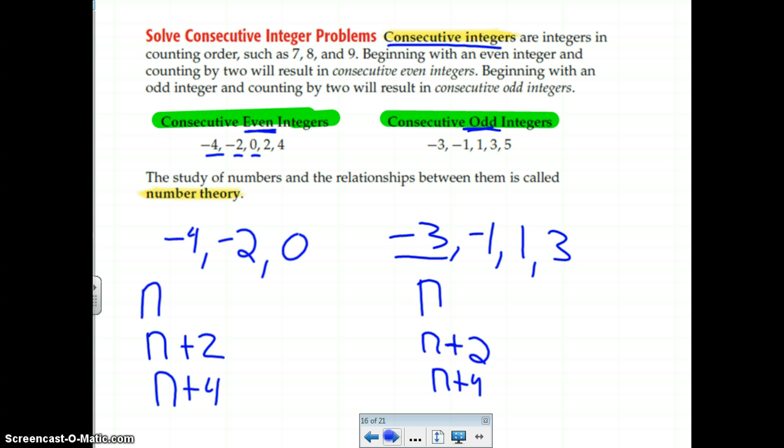So even though they're consecutive even or consecutive odd integers, we can add 2, add 4. If I wanted to continue the pattern, I could go n plus 6 to get to the next term. So we'll use that set of information as we work through the next couple problems.